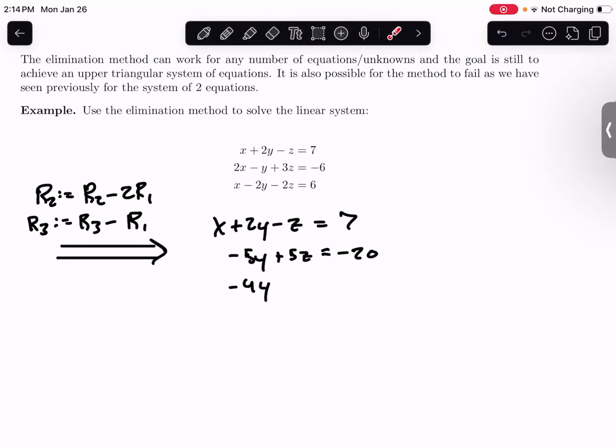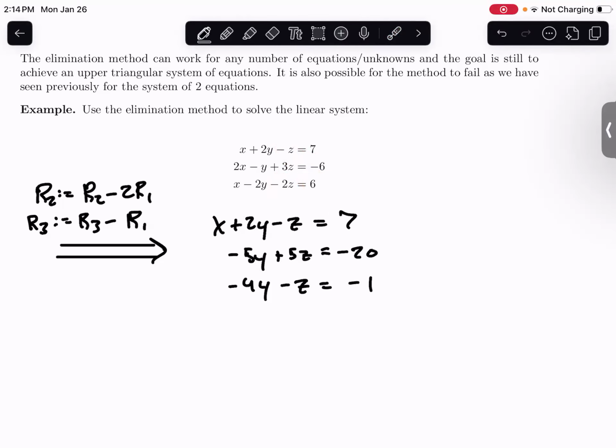Then we have this minus 2z minus z, or minus z really is going to be plus z. So this will give you a minus z. And then you have 6 minus 7 is equal to minus 1. Okay, so we're getting closer.